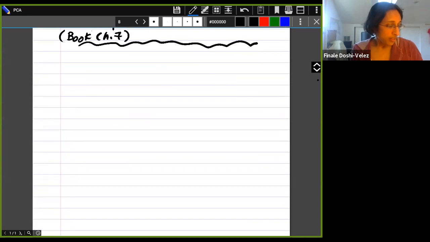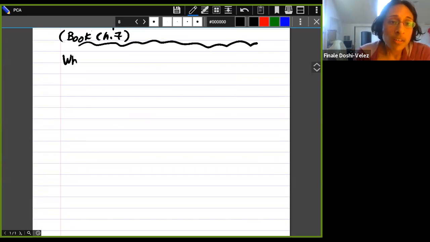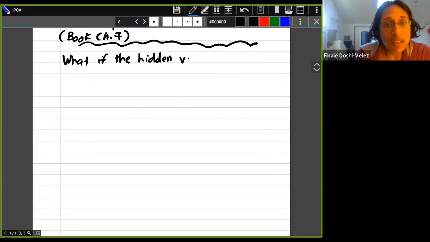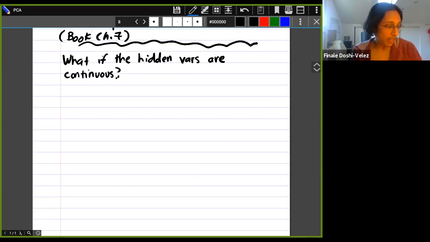Okay, so here we are with continuous hidden variables. So the idea here is, what if the hidden variables are continuous? What does that even mean?